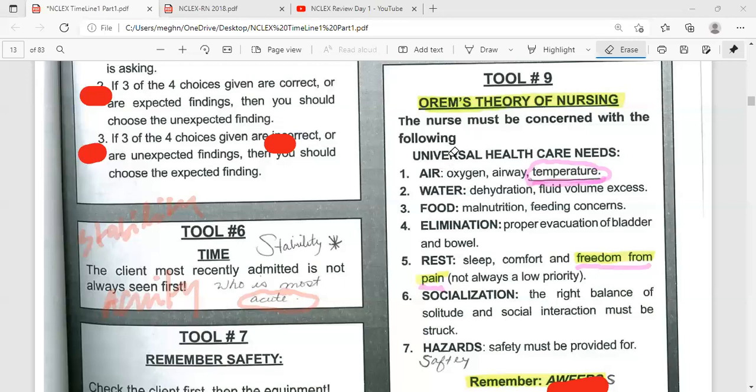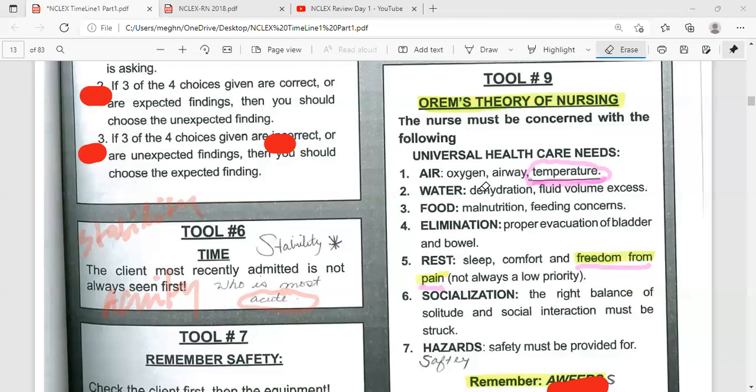First of all, universal self-care needs: air, water, food, elimination, rest, socialization, and safety or hazard. Air includes oxygen, airway, and temperature.